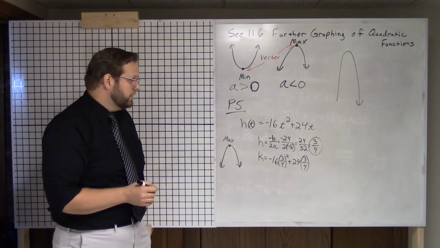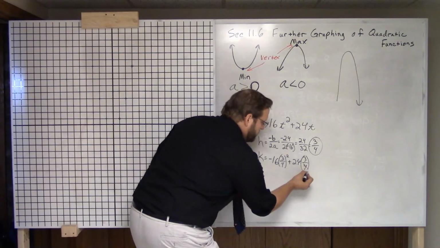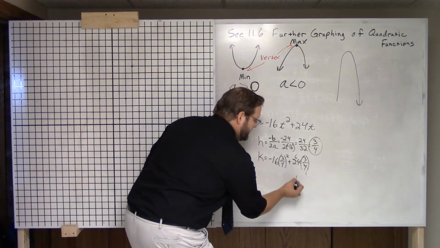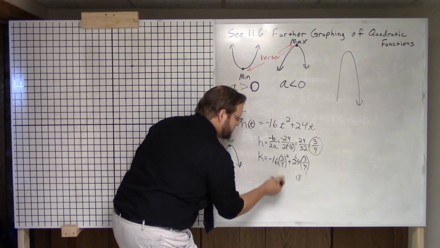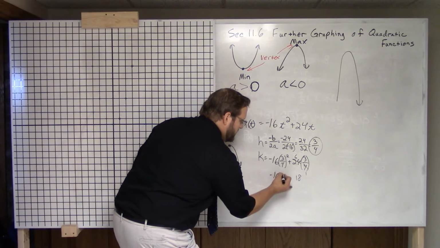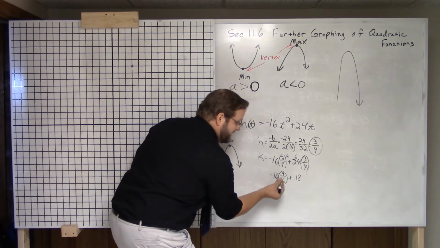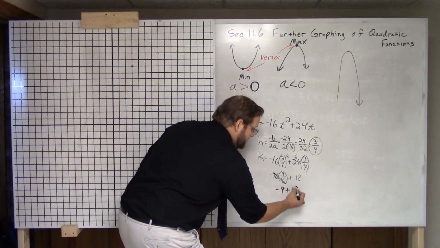Okay? Work that out. First of all here, 4 goes into 4 once, 4 goes into 24 6 times. So we have an 18. Now be careful with this, because this 3/4 squared is 9 over 16, which is actually nice because that's just gone. So we got negative 9 plus 18.